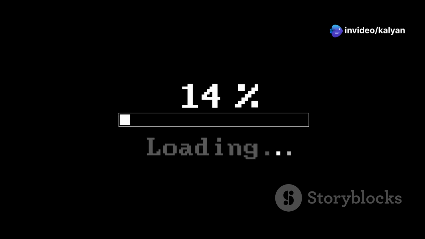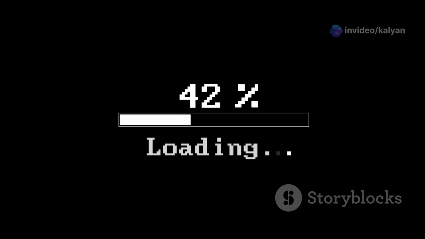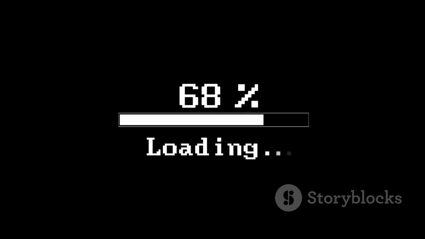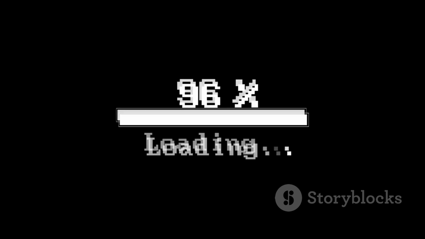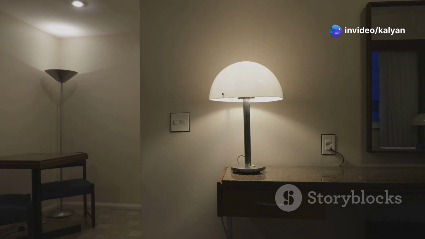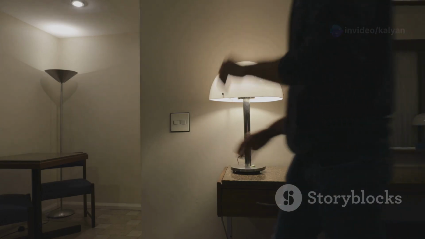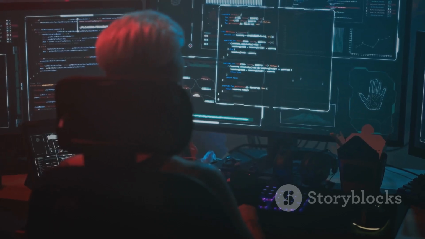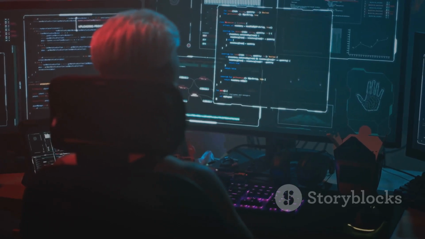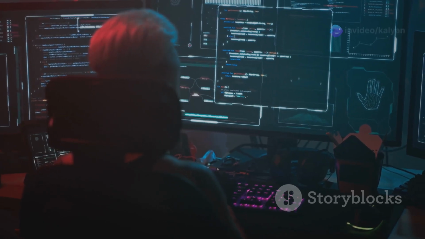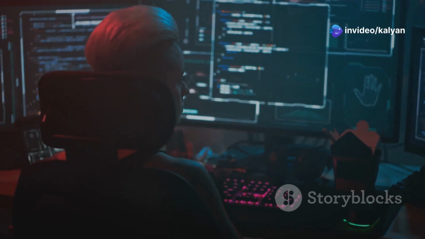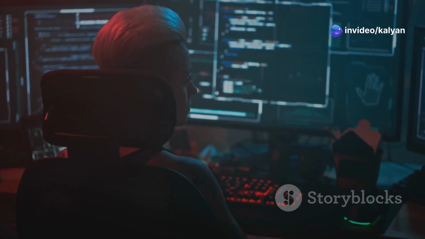If the injected code is structured correctly, the application might respond differently depending on whether the answer is true or false. Maybe the page loads slightly faster, a specific image appears, or a particular function works as expected. It's like flipping a light switch and seeing if the light turns on. Each flip provides a single bit of information, on or off, true or false. And by asking a series of carefully crafted questions, the attacker can gradually reveal sensitive data.